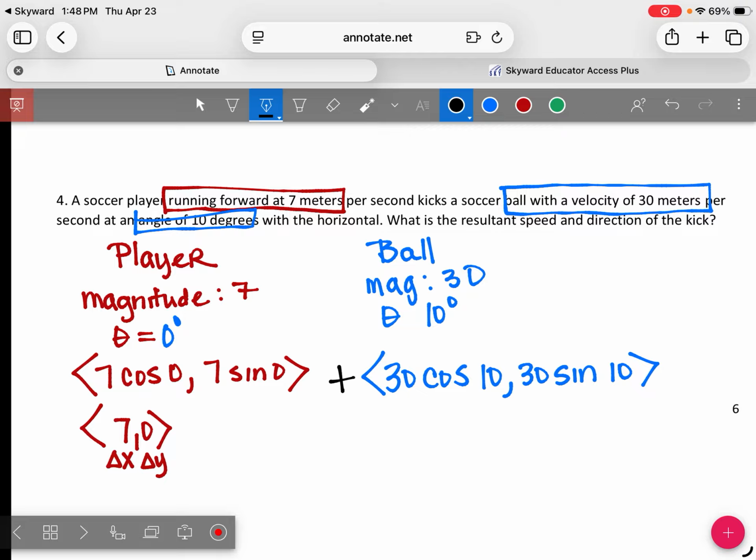So go ahead and type that in, see what you get. You got 30 cosine 10 and 30 sine 10 to the thousands place, 3 numbers.